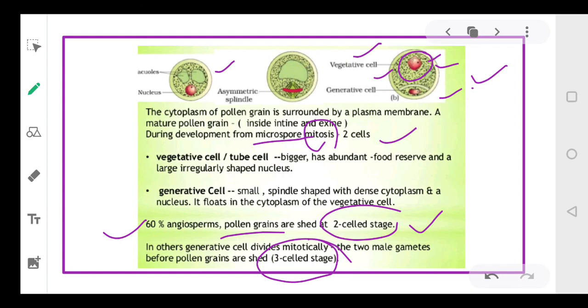Okay, in 60% the pollen grains are shed at 2 cell stage, while in 40% of the cases the generative cell, the smaller cell, will divide and form 3 cell stages, and they are shed at 3 cell stage. For example, jowar. In the case of jowar, the pollen grains are shed at 3 cell stage.